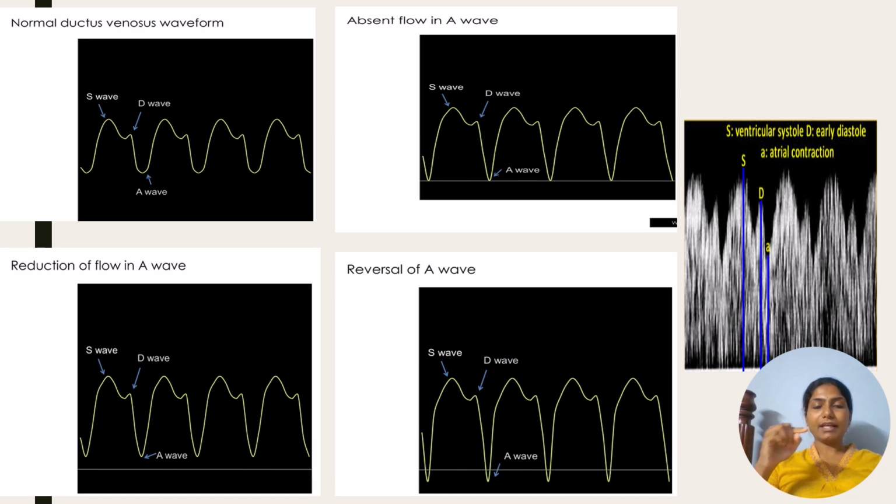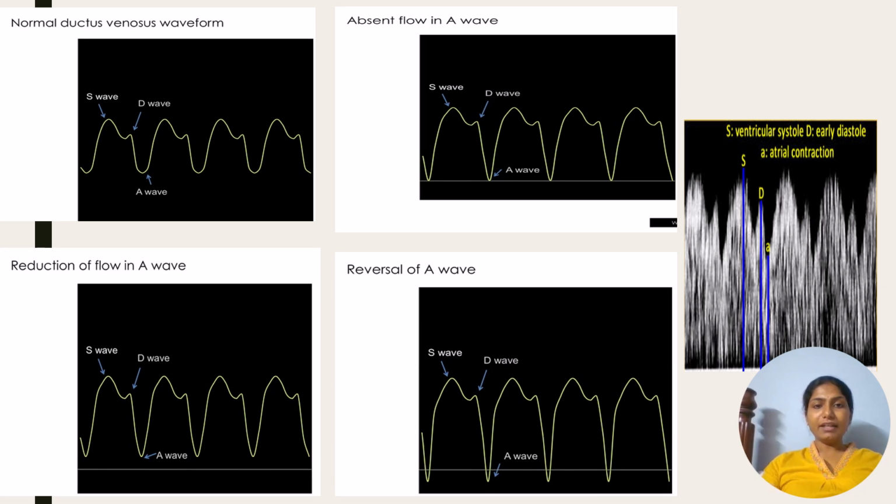So S, D and A waves are very important in a ductus venosus waveform. If there is reduction in flow of the A wave, that means the atrial systole, that positive flow, is not occurring. If there is reversal of the A wave, that means the baby is going into distress.